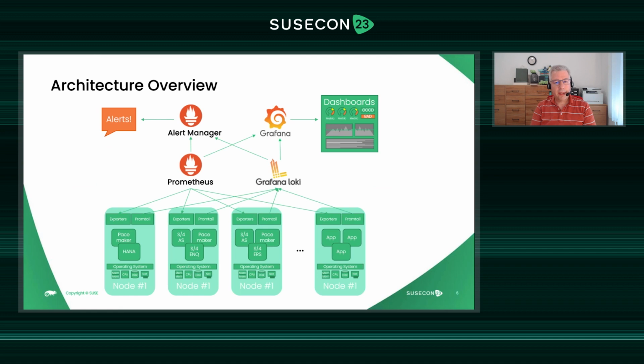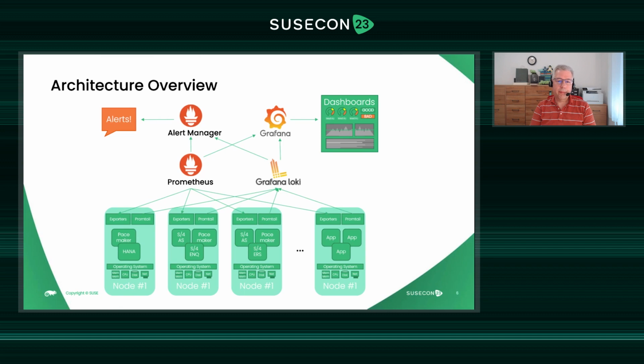And then on the other side, Grafana Loki receives log information through Promtail, which is also running on the individual SAP system servers. Those are the components who gather the data that you need for your systems monitoring and enable you to query these collected data.